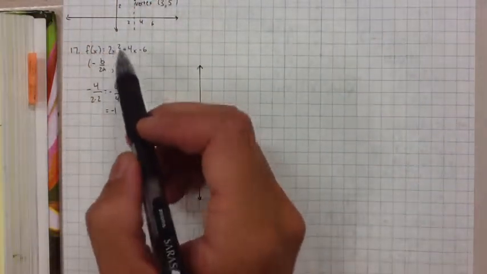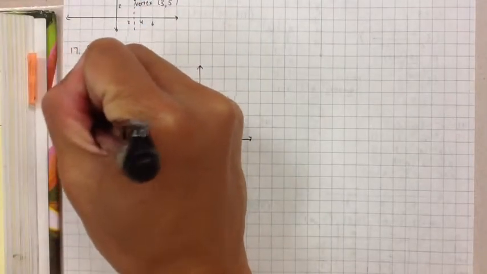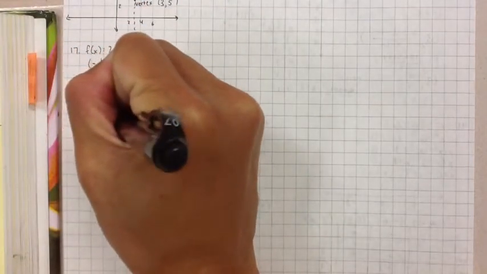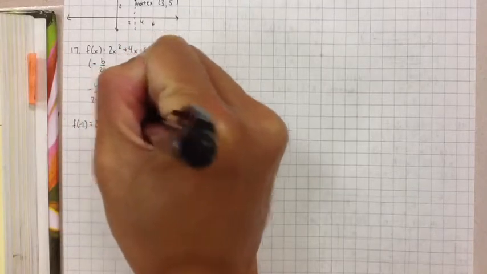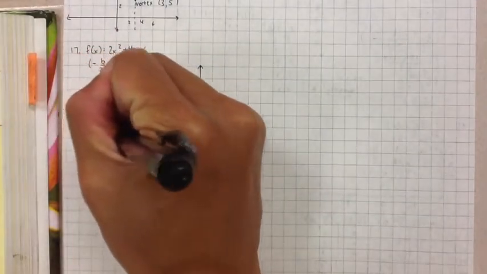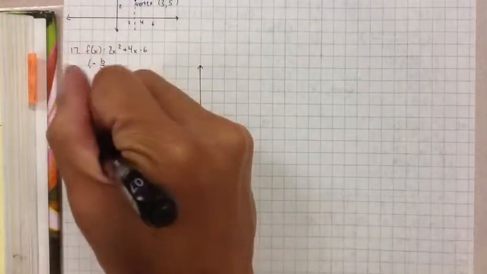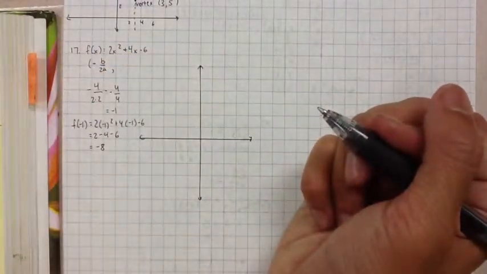Negative 1 is a pretty easy number to plug in here, so I'm going to do that this time instead. So f of negative 1 is going to be 2 times negative 1 squared plus 4 times negative 1 minus 6. Negative 1 squared is 1 times 2 is 2, minus 4 minus 6, which is negative 10 plus 2, negative 8.